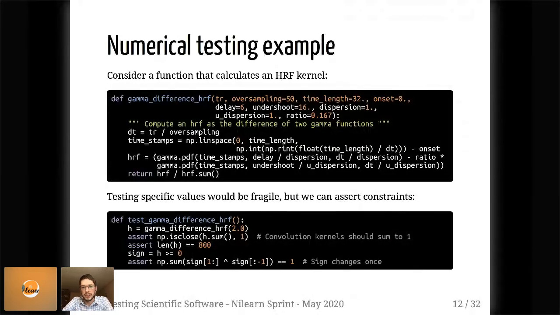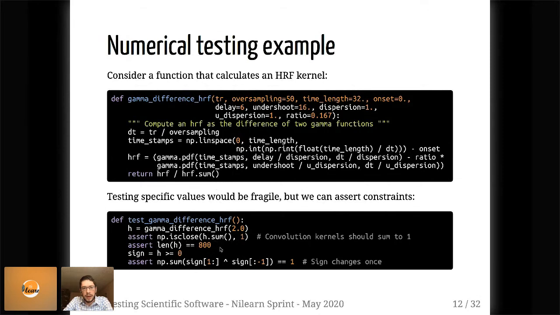What we want to do is set constraints. So for instance, you'll take the result of using a 2-second repetition time, and we want to verify that since it's a convolution kernel, it should sum to 1, which you can see from the fact that we're returning the HRF divided by its sum, so that makes sense.